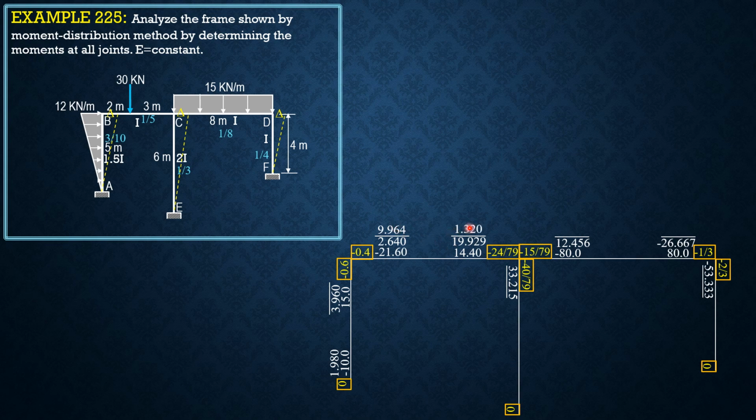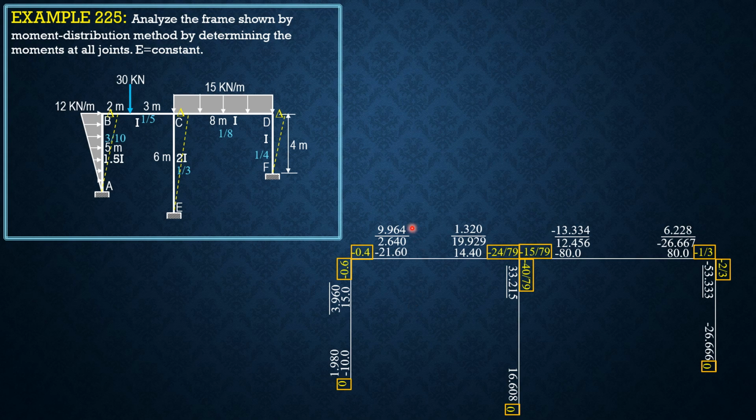Half of 2.64 there, 1.32. Half of negative 26.667, negative 13.334. Half of 12.456, 6.228. Half of 33.215 here, 16.608. Half of negative 53.333, negative 26.666.